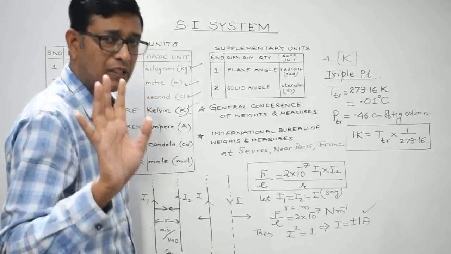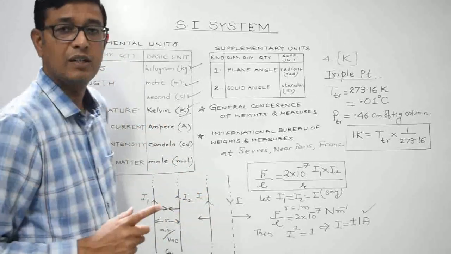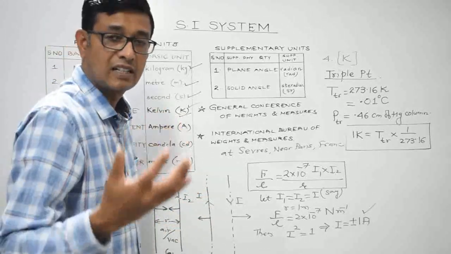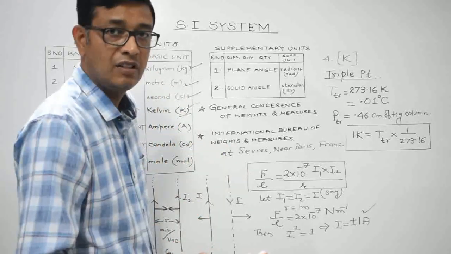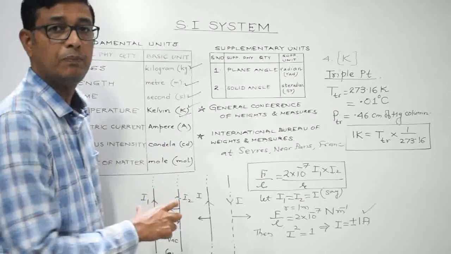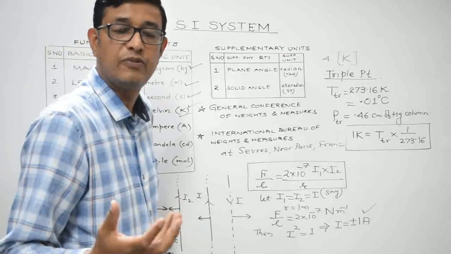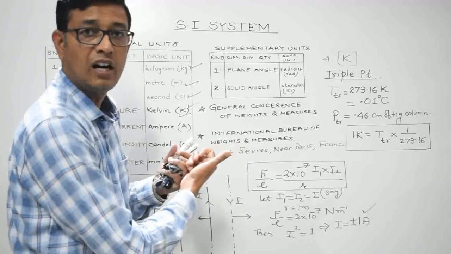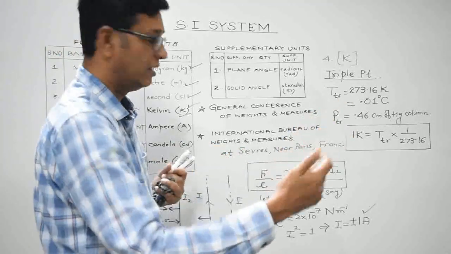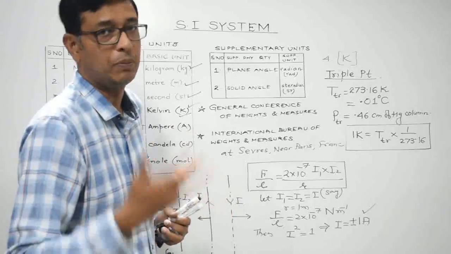Again I am repeating, please concentrate. The force I am talking about may be either attractive or repulsive. It is attractive when the currents are flowing in the same direction, and when the currents in the two conductors are flowing in opposite directions, the force must be repulsive.